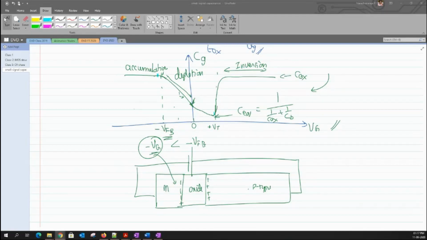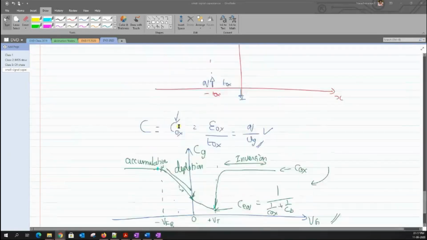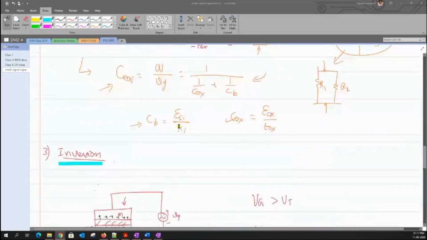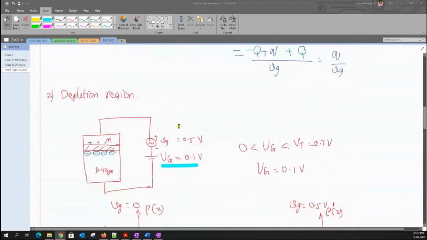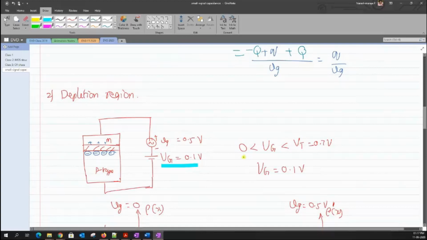I described this phenomenon this way just to ease our thinking process. In this case, I said we will choose the depletion voltage between 0 and Vt. This is a rough statement that I made because I didn't want to go there directly. I could have said minus VFB to Vt, but it is easier for us to think in terms of a positive voltage.